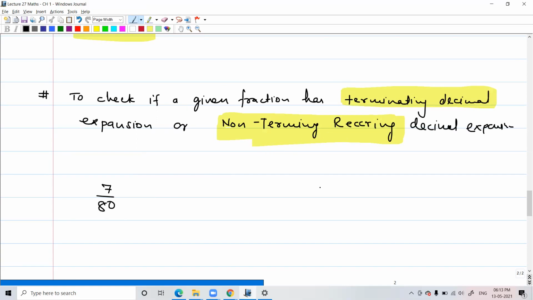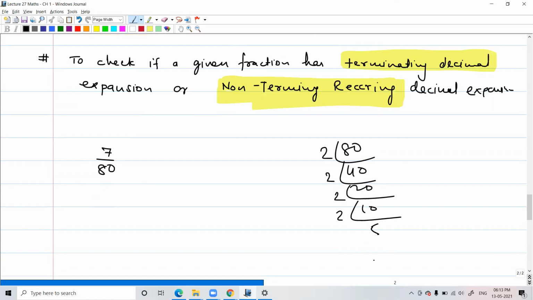Which one is it? For that, the simple trick is to do the prime factorization of the denominator. So do that. It will be 40, 20, 10, and 5. So you can write 80 as 2 to the power 4 into 5.